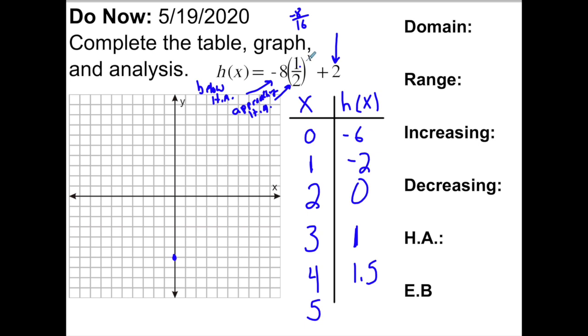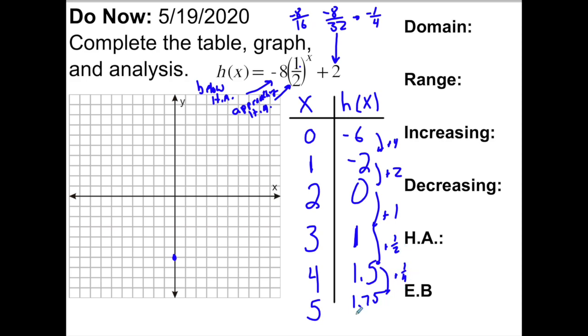Now I'm going to do 5. So a half to the 5th is 1/32. So I have negative 8 over 32, which is equal to negative 1/4. So that would be 1 3/4. So right, first I go up by 4. Then I go up by 2. Look at this. Ooh, then I go up by 1. Then I go up by a half. Then I go up by a quarter.